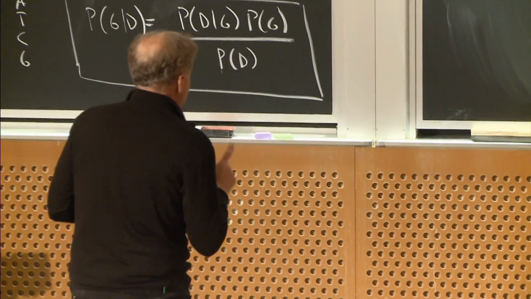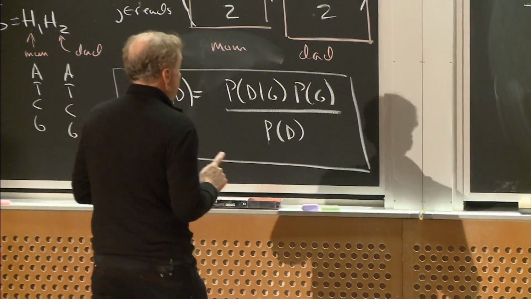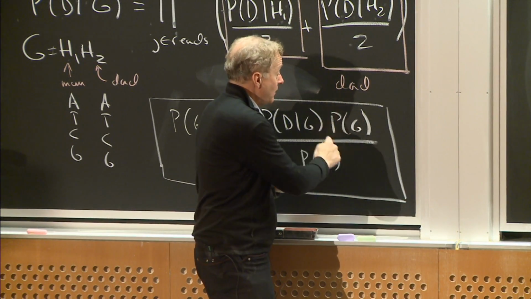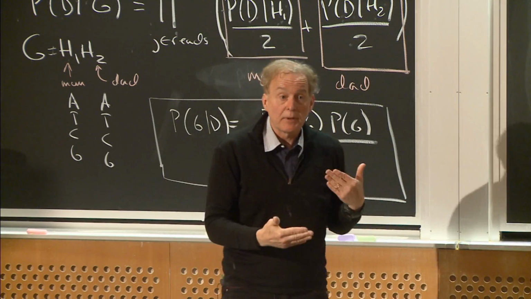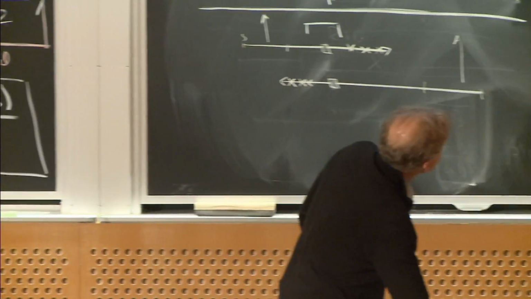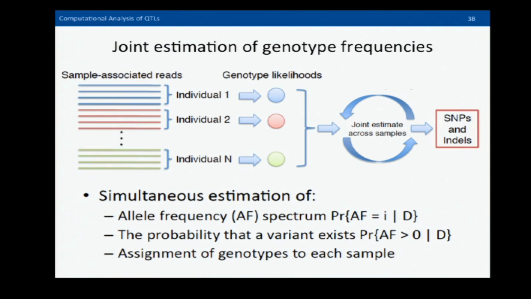The one part that we haven't discussed is this prior: how do we establish what we think is going on in the population, and how do we set that? If you look back at the slide again, you can see that we have these individuals, and then there's this magic step on the right-hand side, where somehow we compute a joint estimate across all the samples to come up with an estimate of what the genotypes are at a particular SNP position.